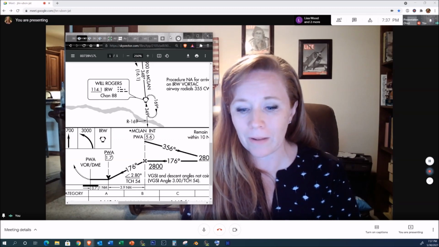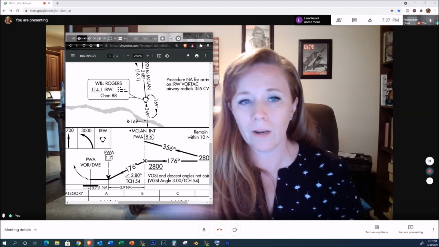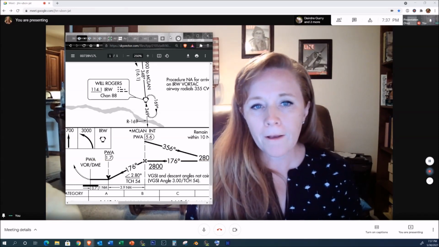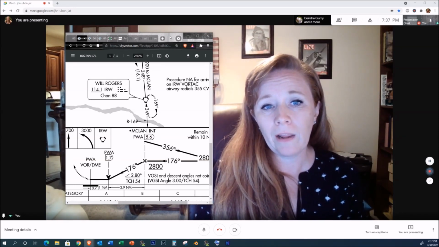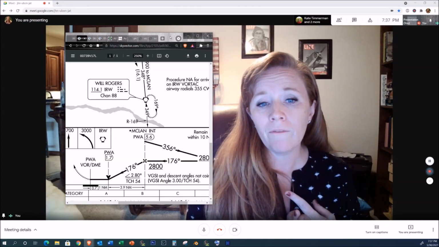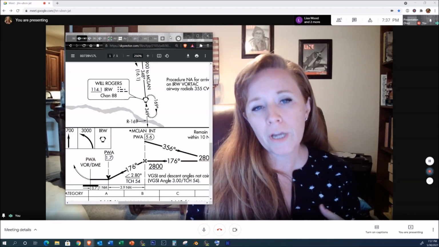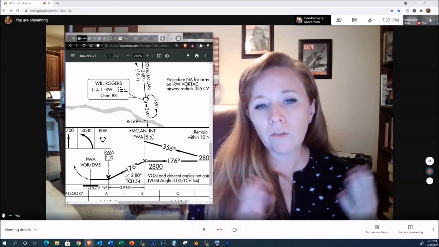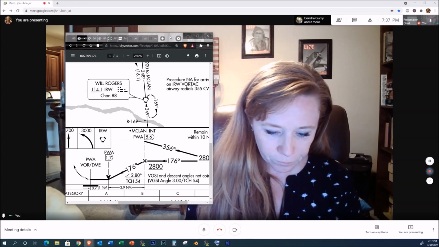So the VDP that's depicted on the diagram isn't going to be right for them, right? So it is a guideline for just about everybody. But if you do get significantly past the published VDP or a VDP that you calculate, your chances of making a normal landing will go down. Okay. That's really what it's talking about.